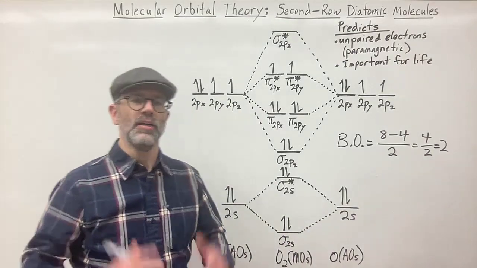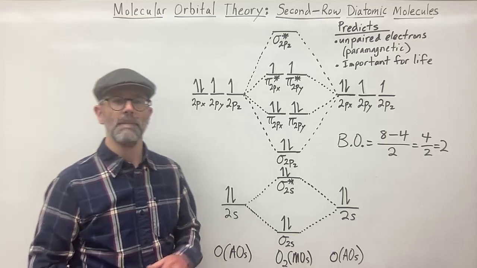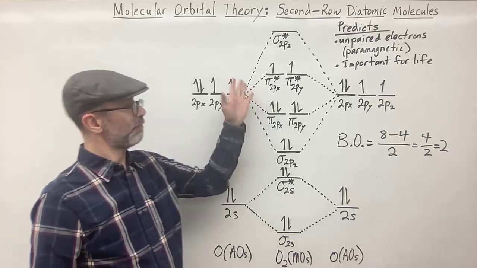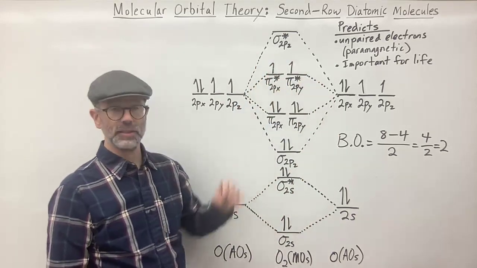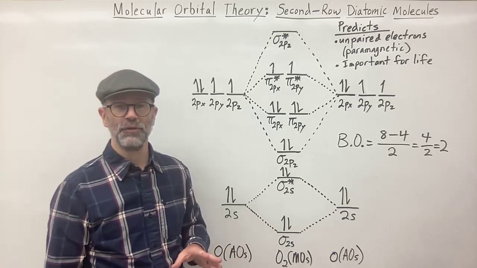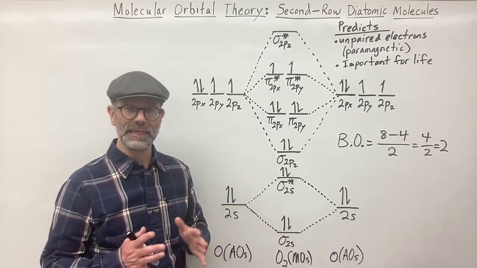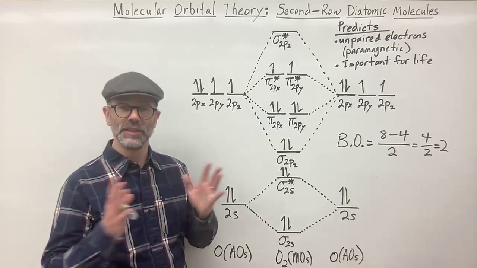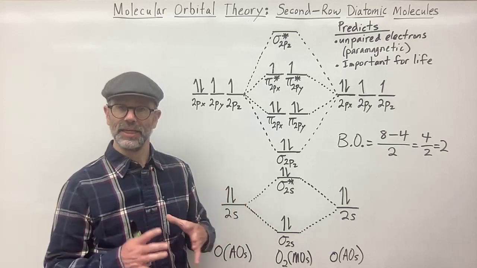Okay, so let's talk about the property of oxygen. As you can see from the molecular orbital diagram, we have unpaired electrons. You don't get this when you do your electron configuration for oxygen, or if you do valence bond theory, or if you do Lewis dot structure, you'll have the electrons all paired up in each case.